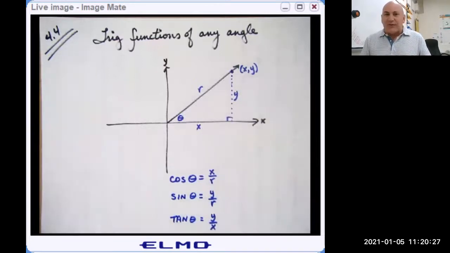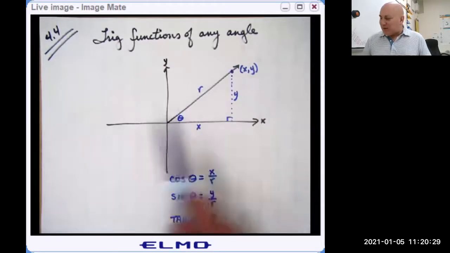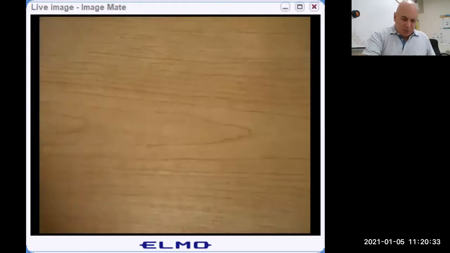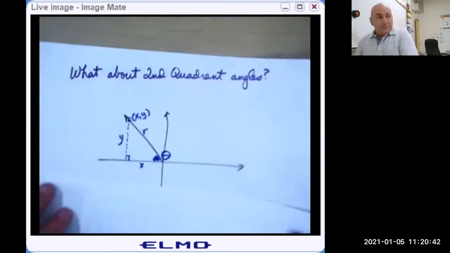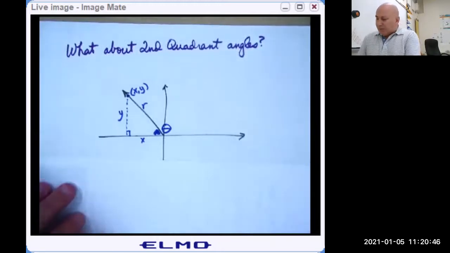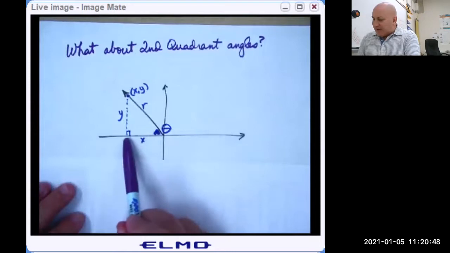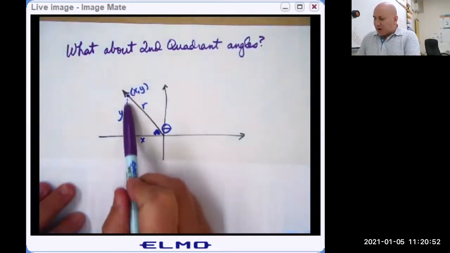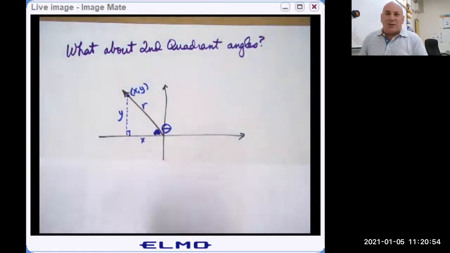And that's great, that's in the first quadrant, we're already used to that, we can see how it makes a triangle. But what do we do about second quadrant angles? So now x is a negative number, so my x is negative, my y is positive, and r, being a square root, is going to stay positive.